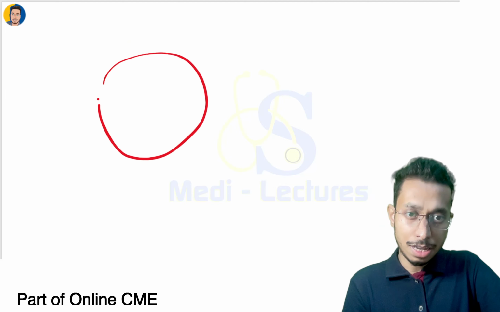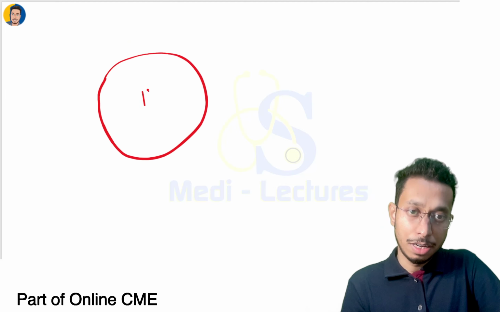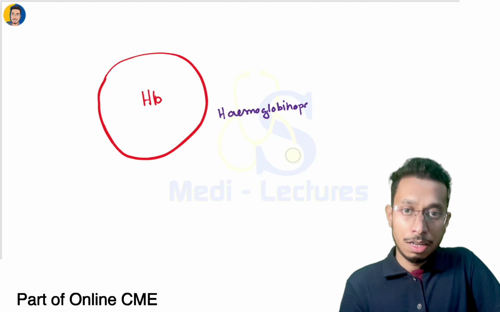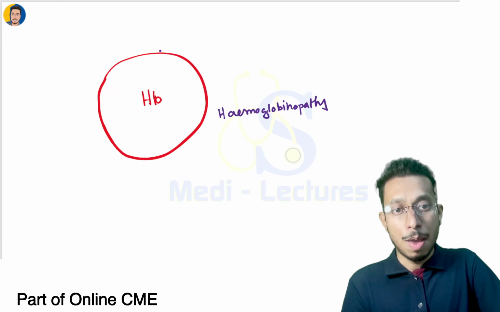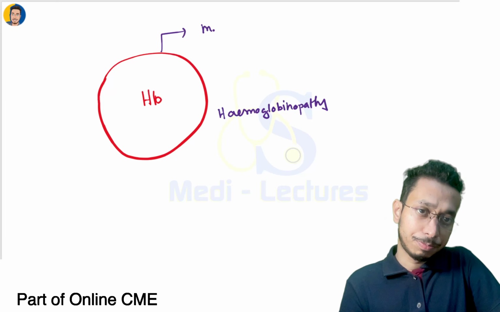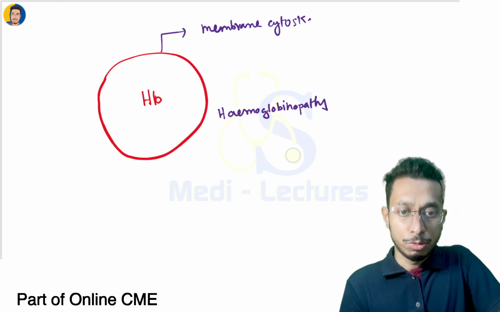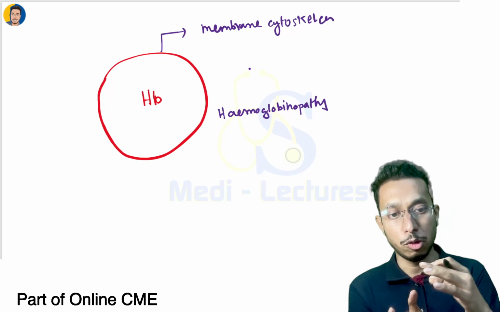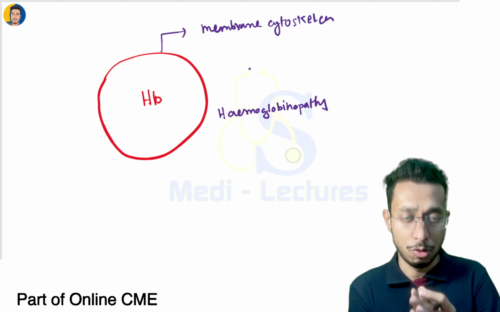The defect can be at the level of the hemoglobin itself, which we call hemoglobinopathy, or the defect can be at the level of the membrane cytoskeleton, and also there is a metabolic machinery that keeps the hemoglobin and membrane cytoskeleton in order.